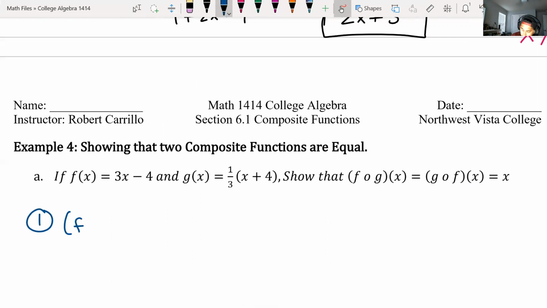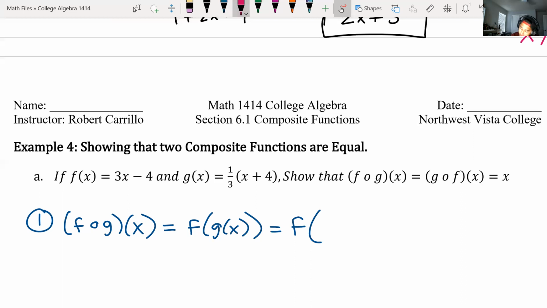We're going to do f compose g of x, which means we get f of g of x. So what we're going to do again is take g of x and plug it into f of x. Let me make that substitution real quick. Let me plug in g, which is 1/3 times x plus 4.